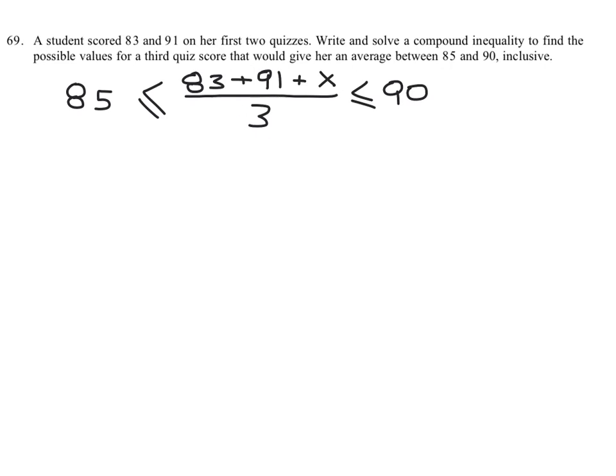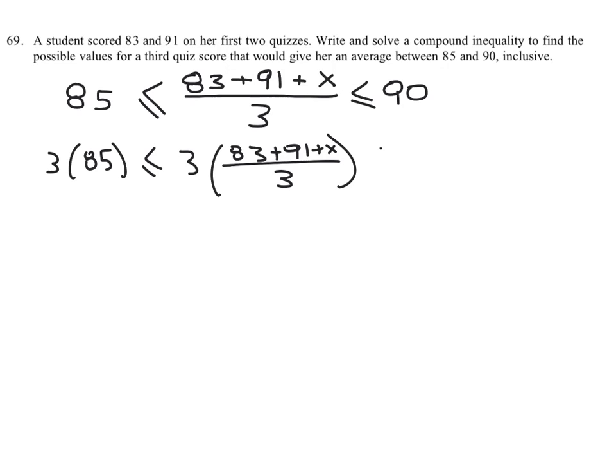So we're going to multiply both sides by 3, all parts by 3. Sorry. So we say 3 parentheses, everything that's there, is less than or equal to 3 parentheses, everything that's there, which is less than or equal to 3 parentheses, everything that's there, 90.